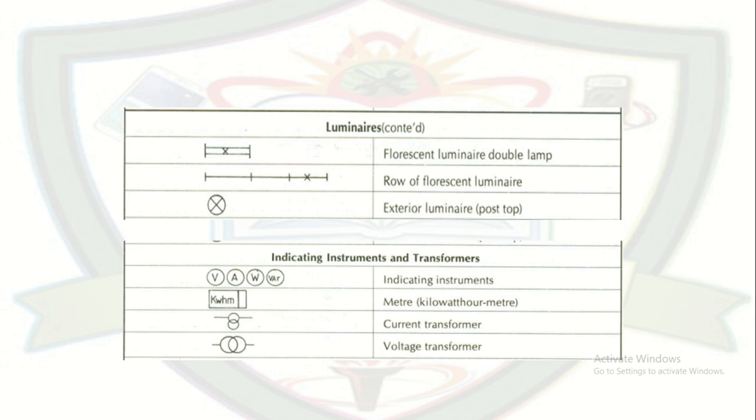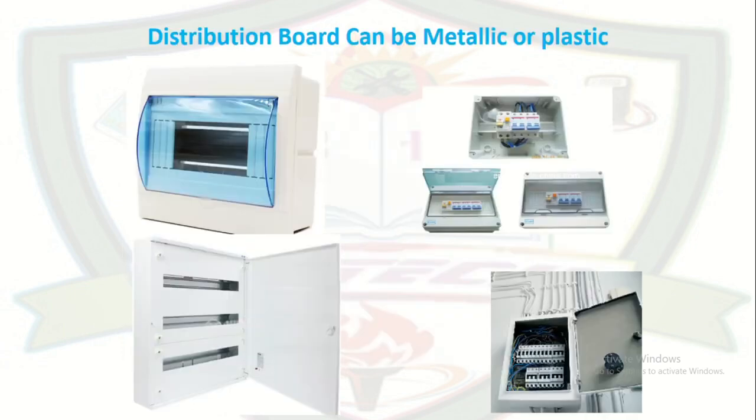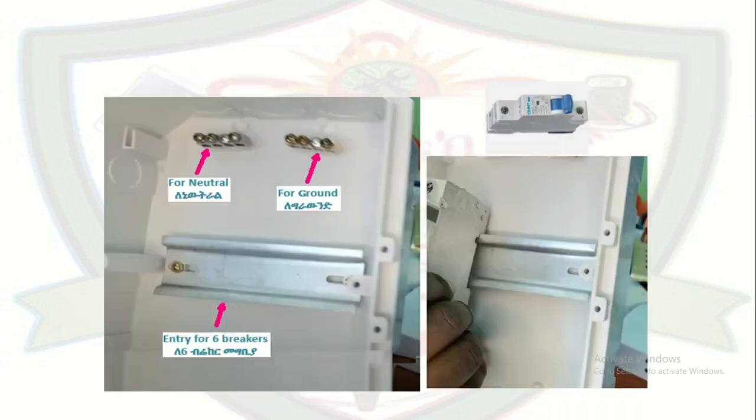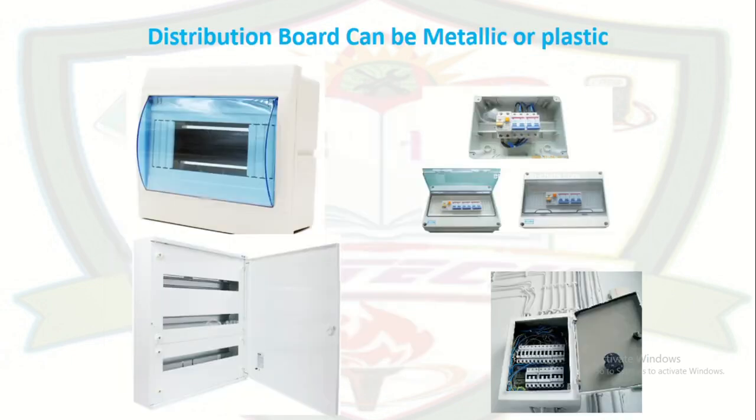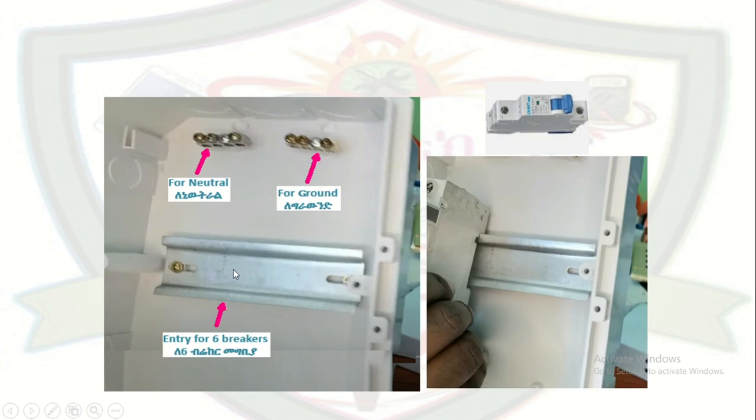So now we'll come to distribution boards. This is a distribution board. This distribution board can be metallic or plastic. Inside this distribution board, we can install breakers.